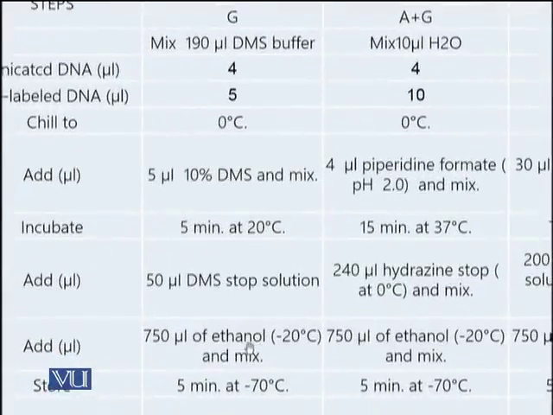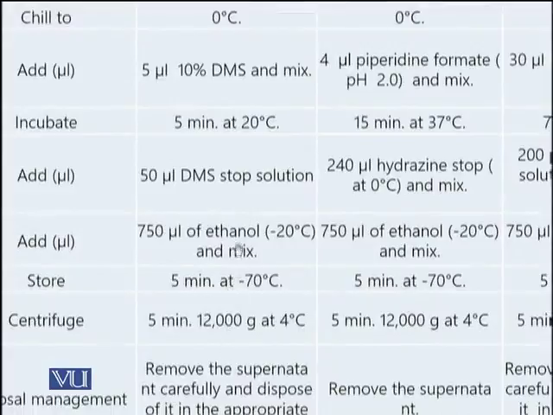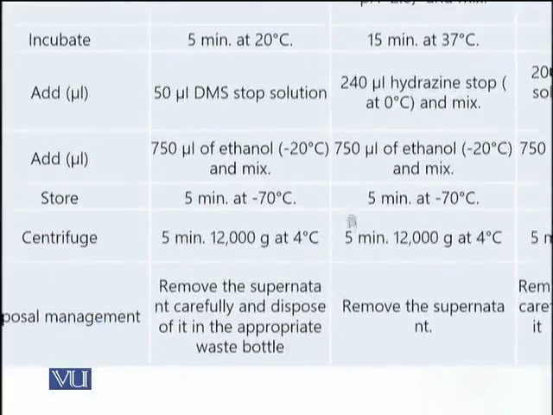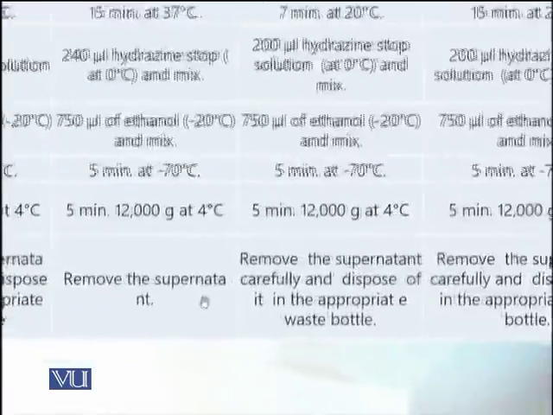Subsequently we have to follow these compositions and the centrifugation series, and then handle the supernatant, because some supernatant has to be separated into an appropriate waste bottle. Some can be discarded in the general way.